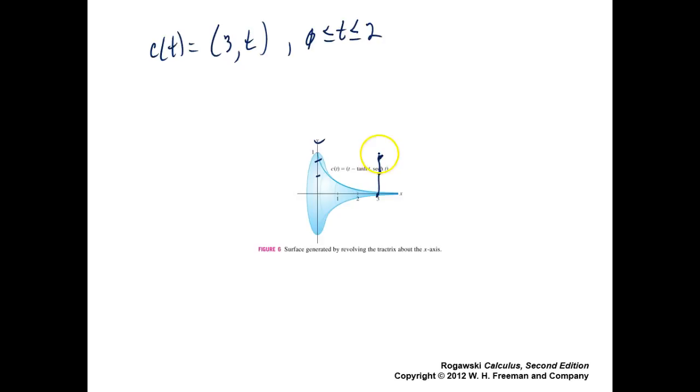Rotate that about the x-axis. There, I've done it. Okay? What surface area results? A little louder. Okay, but the surface area means the outside area here, not the surface here.